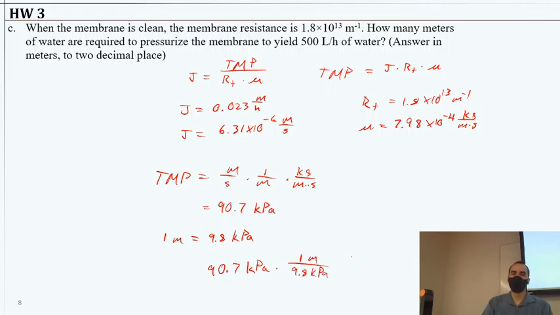That's going to give us our answer of how many meters we have in our system. Turns out that's 9.25. So just under 10 meters of water stacked on top.